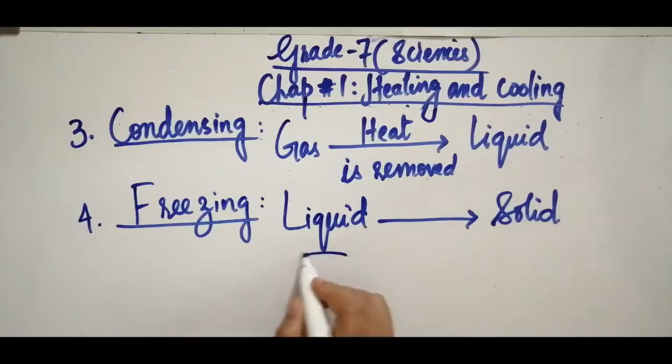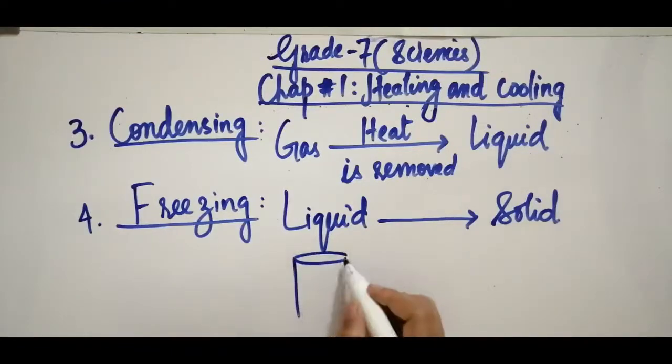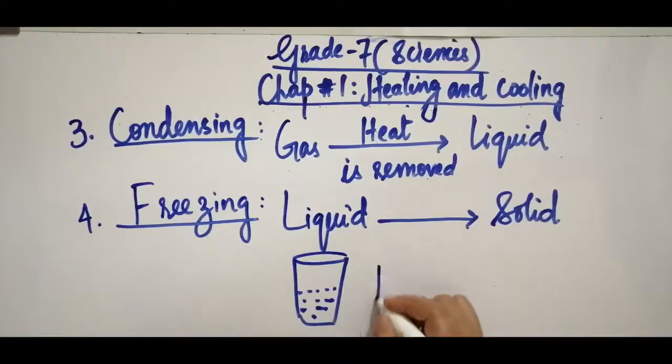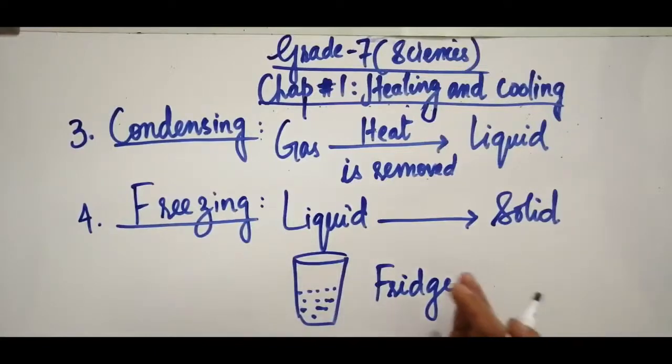For example, consider this glass of water. If you keep it in the refrigerator, in the fridge, for cooling it down, what happens to the glass of water? What happens inside the water? The molecules of the water will come closer to each other, and due to less and no more heat energy, what happens to the water?